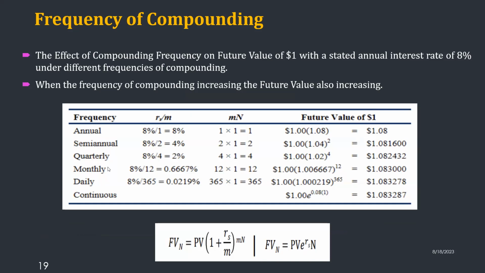Here you can see the effect of compounding frequency on the future value of $1 with a stated annual interest rate of 8%, under different frequencies of compounding. The same scenario is given using different compounding periods.